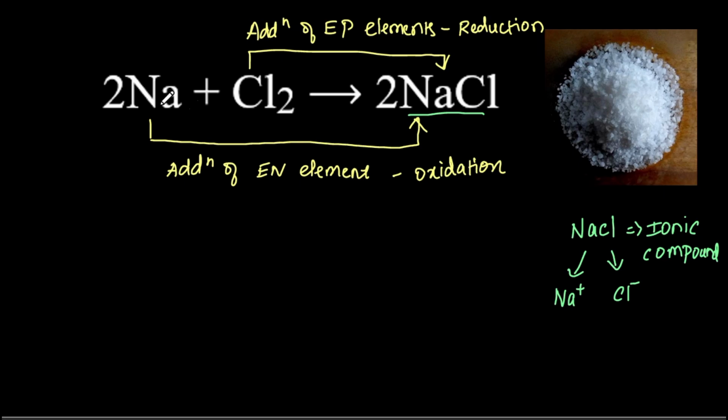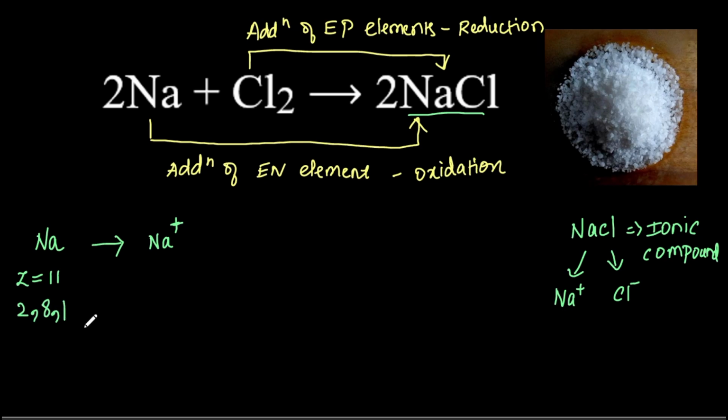Now, if you see the reactant side, in reactant side, we are having sodium, and in product side, we are having sodium ion, Na plus, which is a cation. So, in the reactant side, when we are taking the atomic sodium, the atomic number of sodium is 11. The electronic configuration is 2, 8, 1.